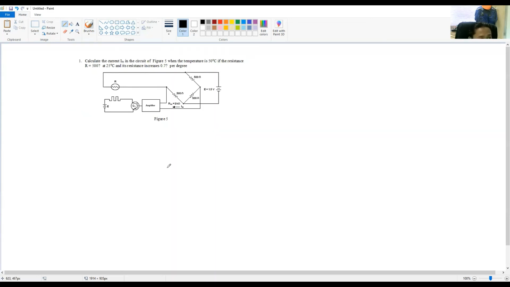So we have the conditions. The first condition, when the temperature is 25 degrees Celsius, the resistance is 500 ohms. And the second condition, the resistance increases by 0.7.